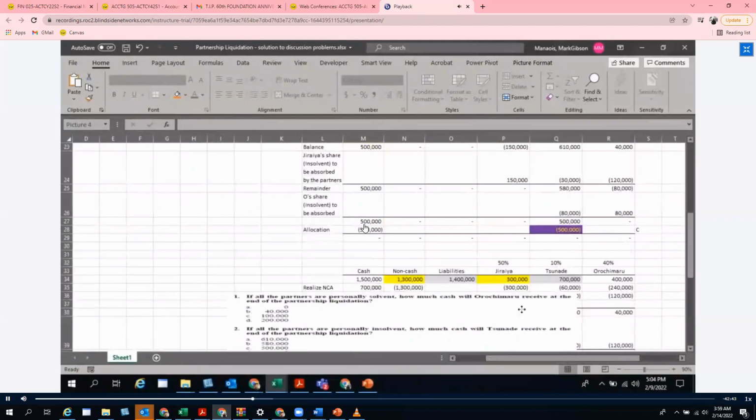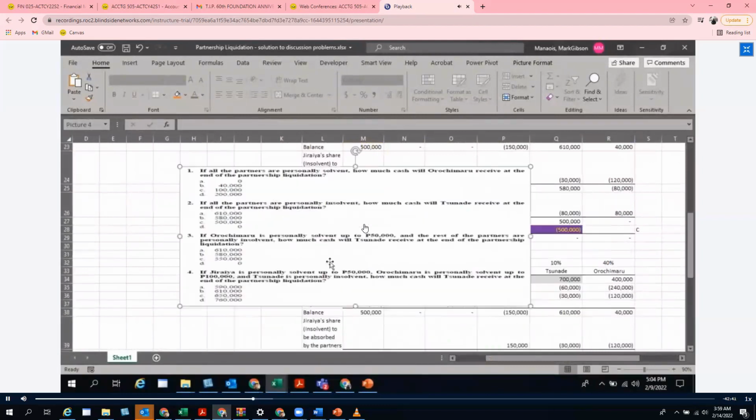In requirement number 2 naman, let me read the requirement. If all the partners are personally insolvent, how much cash will Tsunade receive at the end of partnership liquidation? O anong difference ng 1 and 2? Sa number 2, lahat naman daw sila insolvent. No? So lahat sila, they don't have the capacity to pay.